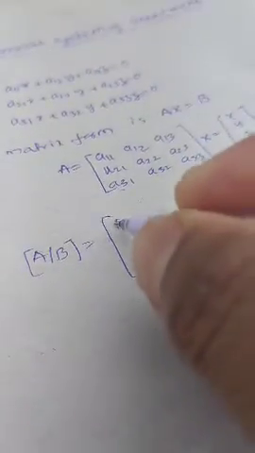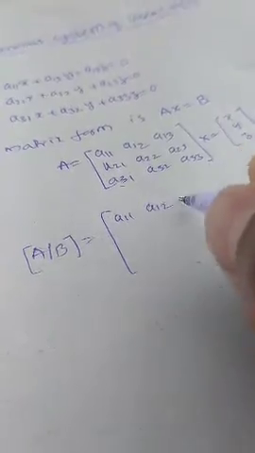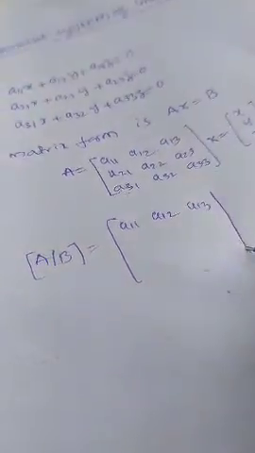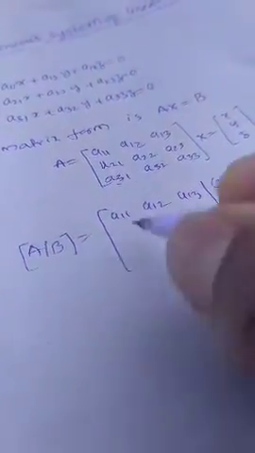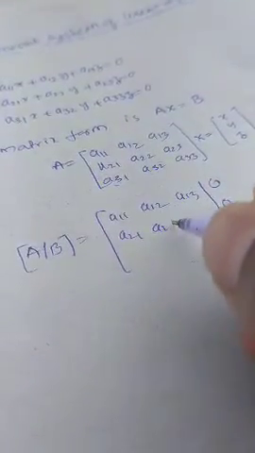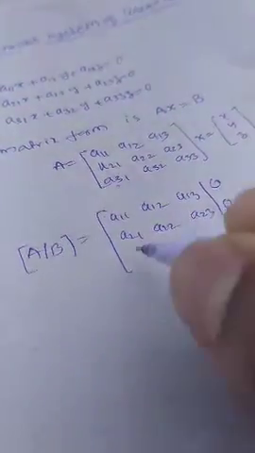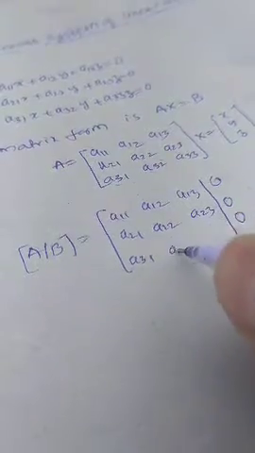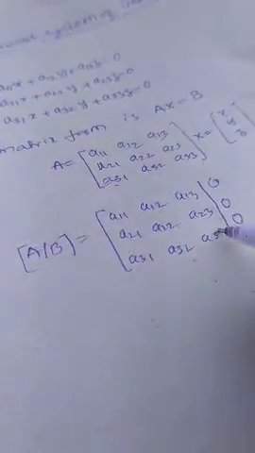So here the augmented matrix is AB: a11, a12, a13, 0, a21, a22, a23, 0, a31, a32, a33, 0.